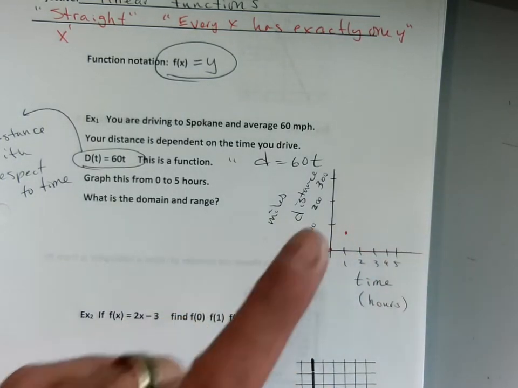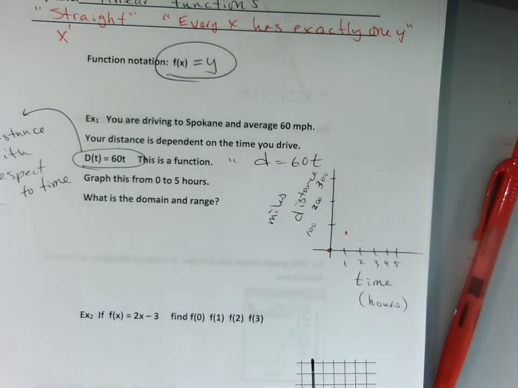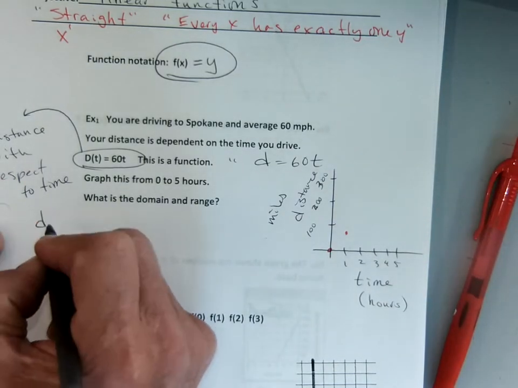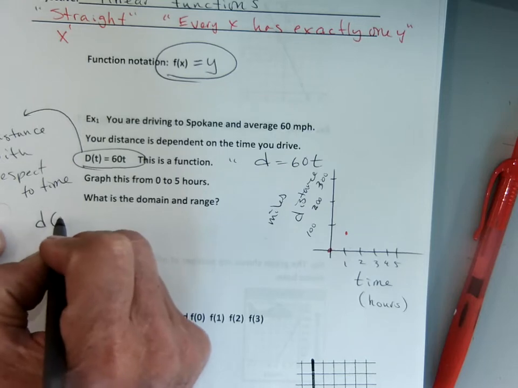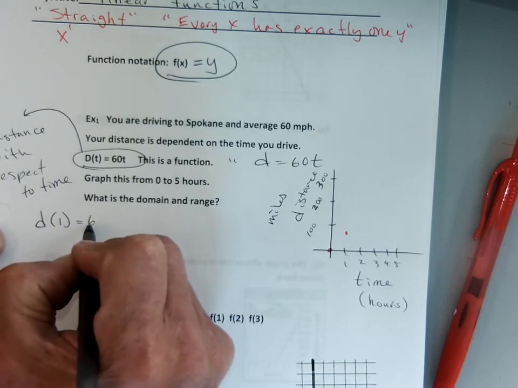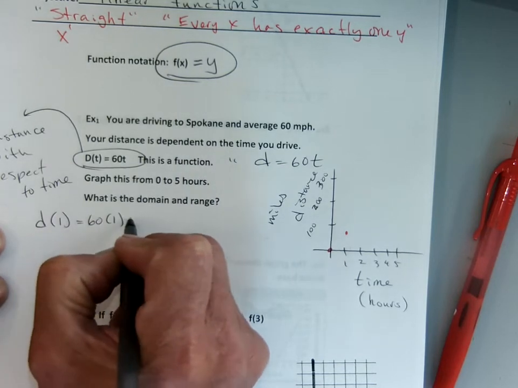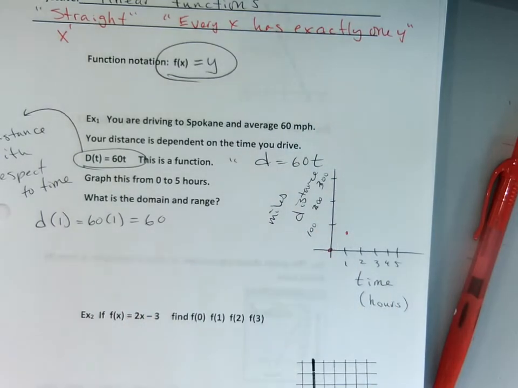And I want you to write this. d of 1 is equal to 60 times 1, which is 60. Okay, d of 1 means the distance at 1 hour. That's all this means. Just weird symbolism. All this means is plug the 1 in for time, so the distance for 1 hour is 60. Thumbs up on that? Does that make sense?